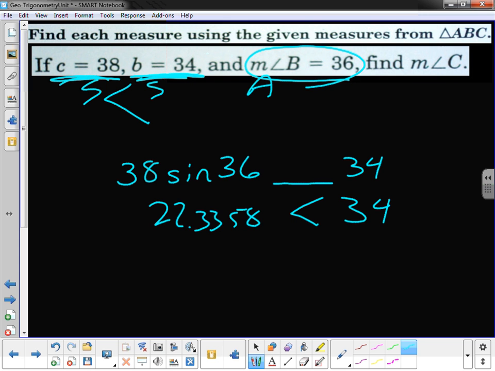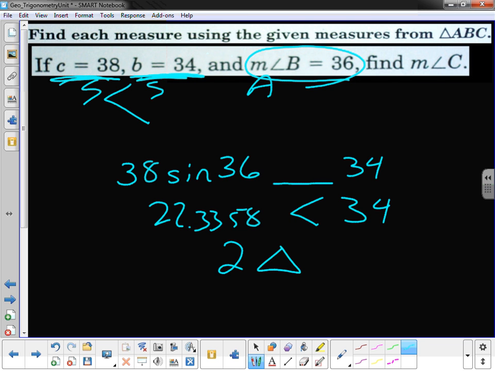Now, this is that third case scenario. I have two sides and an angle, and the side opposite my angle is less than the other side, and that third side, the big side times the sine of my angle, is less than my side. So this is a two-triangle problem.